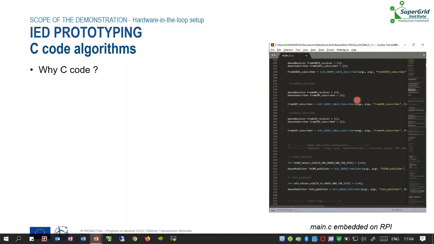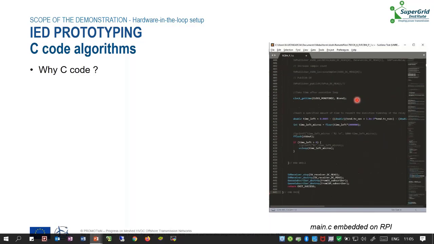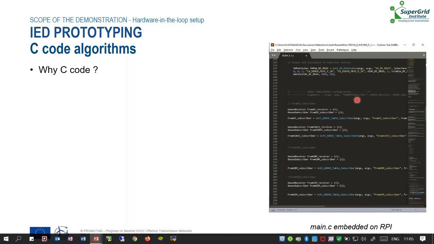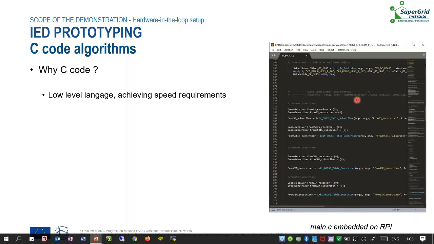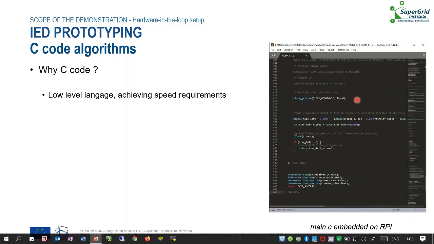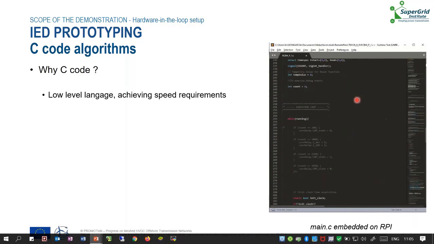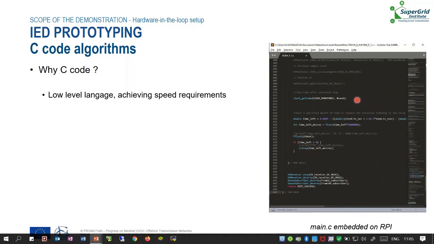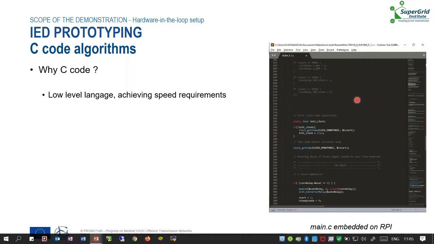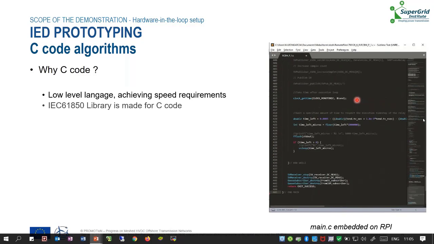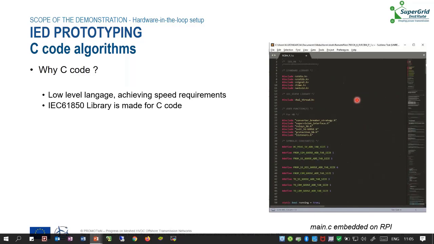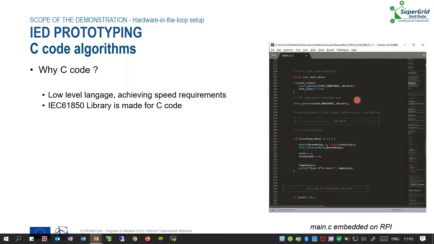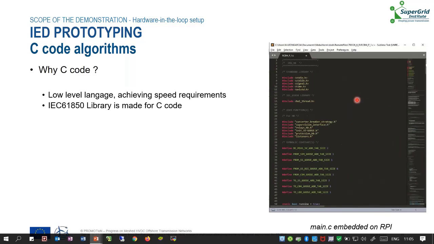We decided to implement the algorithm in C code. Why C code? The first reason is that it's a low-level language, which is more suitable to meet the high-speed requirements of protection strategies. The second reason is actually more luck: the library, libIEC61850, is the library implemented for C code.